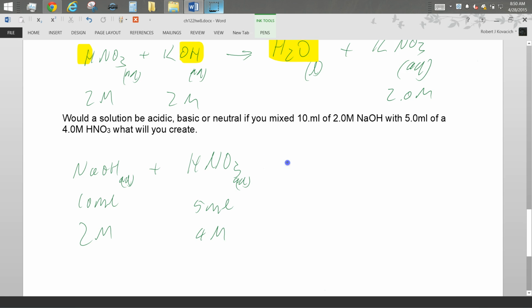So first off, what are my products? Water and sodium nitrate. Aqueous, because it's sitting in water. Liquid, because it's water.